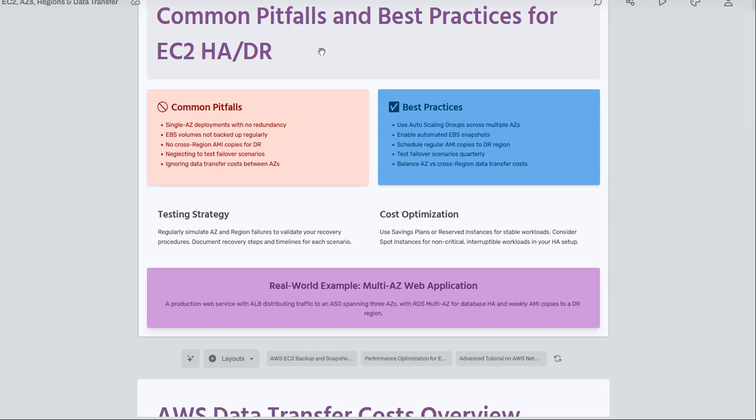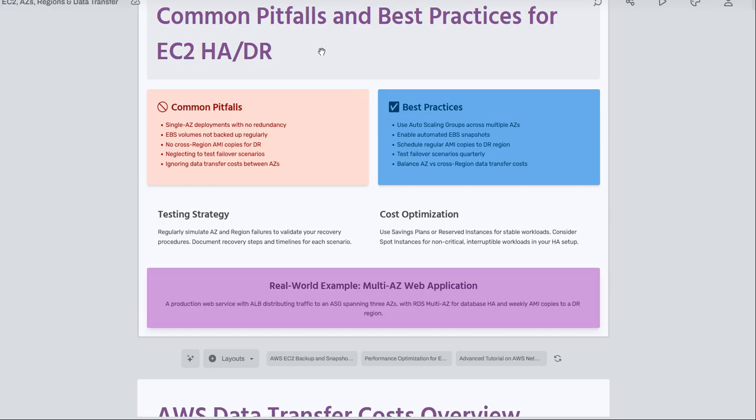Test failover scenarios quarterly, which means at least once in a 3 month period. And balance availability zone and cross-region data transfer cost. Consider the AWS calculator to see how the transfer cost affects you and plan accordingly.